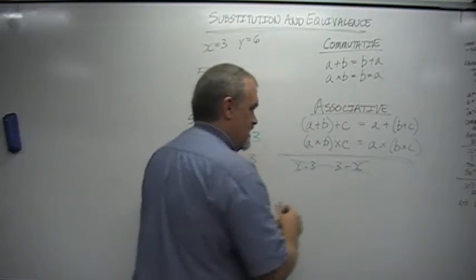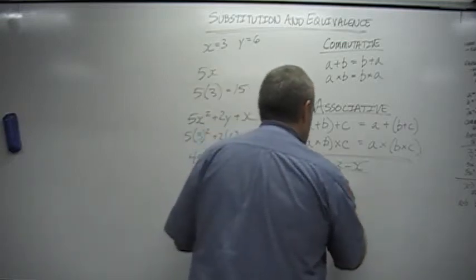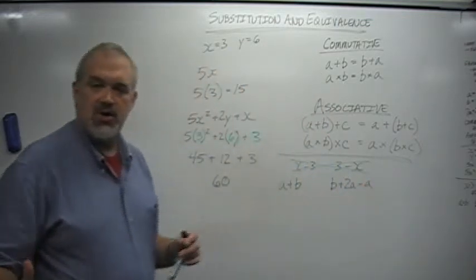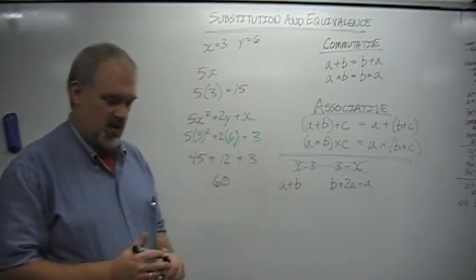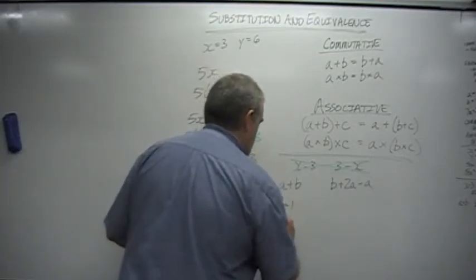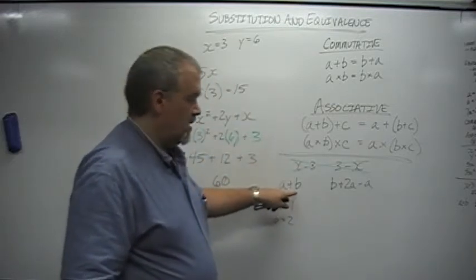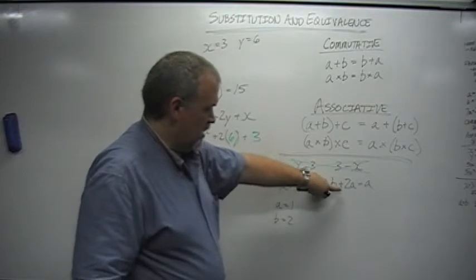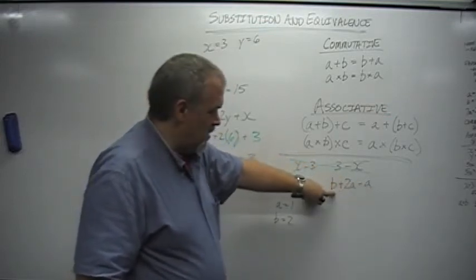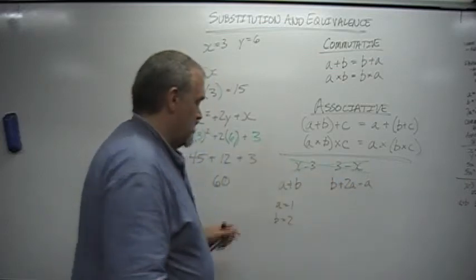What if we had these two? a plus b and b plus 2a minus a. If we pick any two numbers, we'll see that these two expressions are the same. Let's say a equals 1 and b equals 2. 1 plus 2 is 3. Over here we would get 2 plus, 2 times 1 is 2, take away 1 is 1, so 2 plus 1 is 3. We can use bigger numbers.